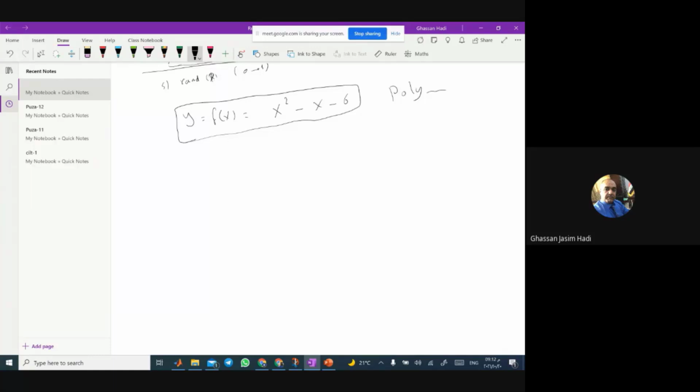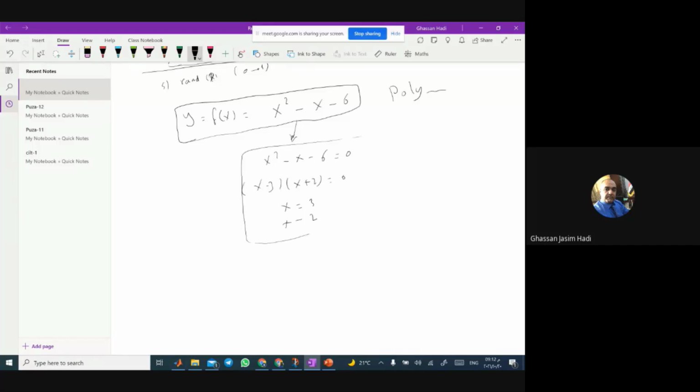Now, as we learned, we have to say x squared minus x minus 6 equals 0. We can factor this as x minus 3 and x plus 2 equals 0, then x equals 3 or x equals minus 2.